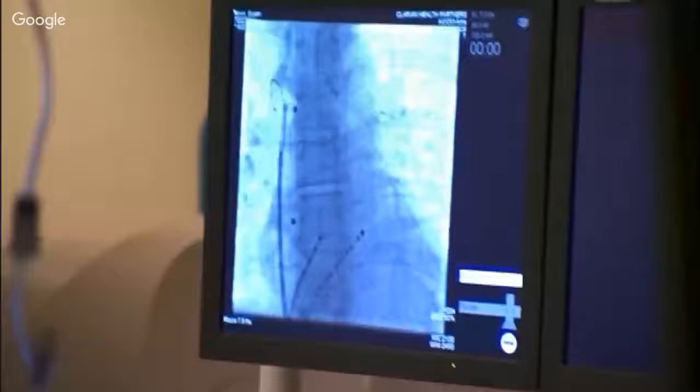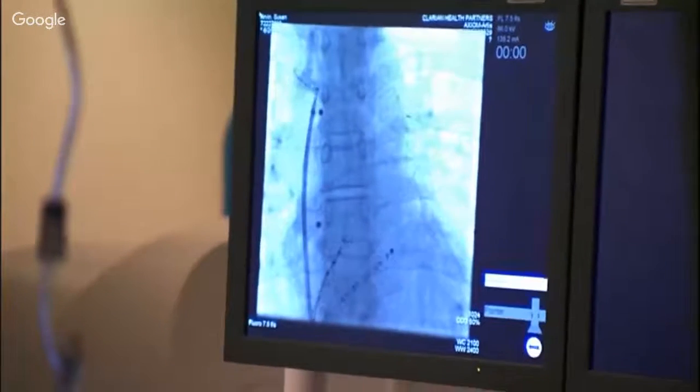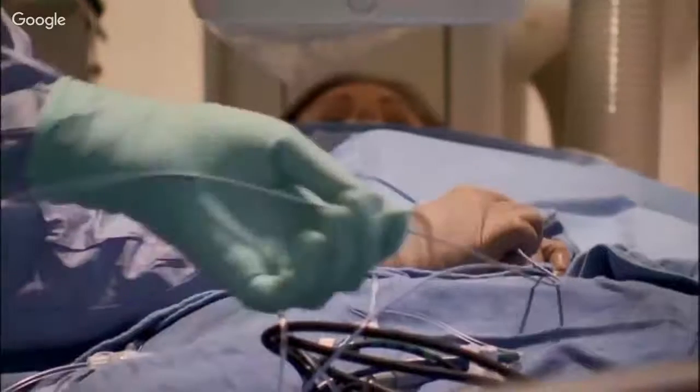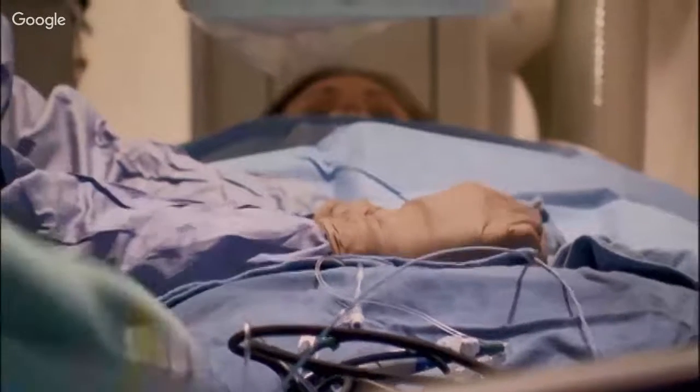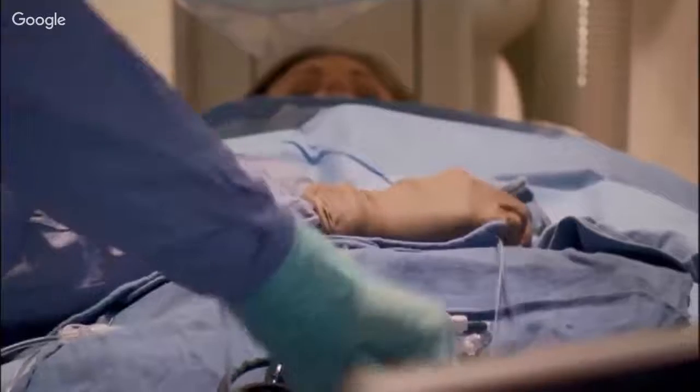Dr. John Miller will lead a hunt for the cells causing Susan's rapid heartbeats, using catheters threaded through Susan's vein into her heart.